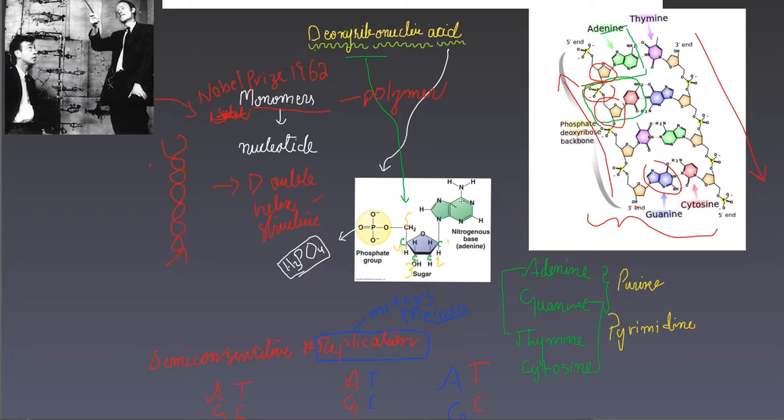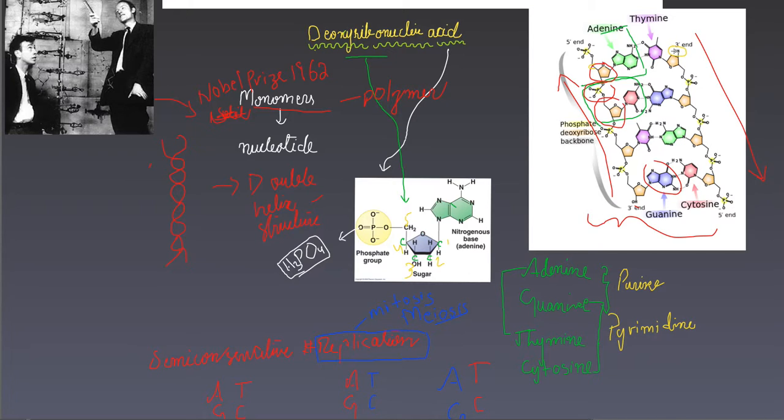In this diagram, it's called the 5' end because the fifth carbon is attached to the phosphate group on this side, and on this side the third carbon is attached to a hydroxyl group, not a carboxylic group.